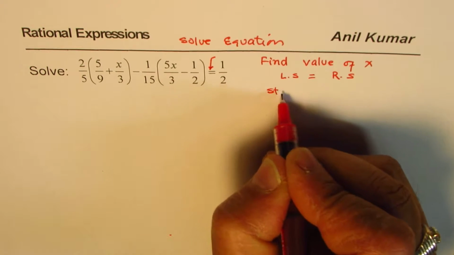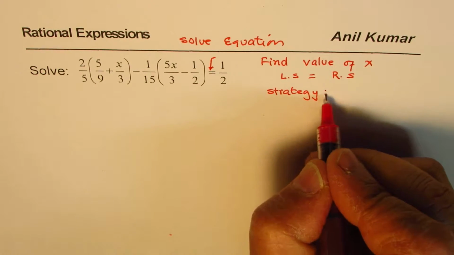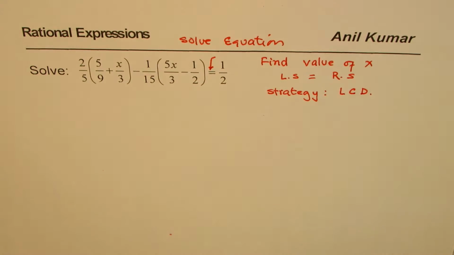Strategy here is to find the lowest common denominator. That is the strategy. Now in this example, we'll actually see how to find lowest common denominator, right? So that is the whole idea.